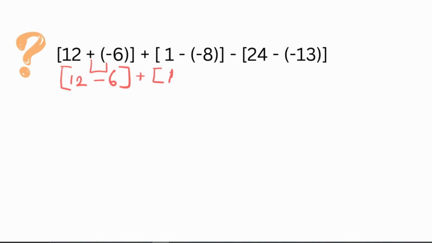Negative times negative will give you a positive, so positive 8, minus a negative times negative will give you a positive, so it will be 23 plus 13.